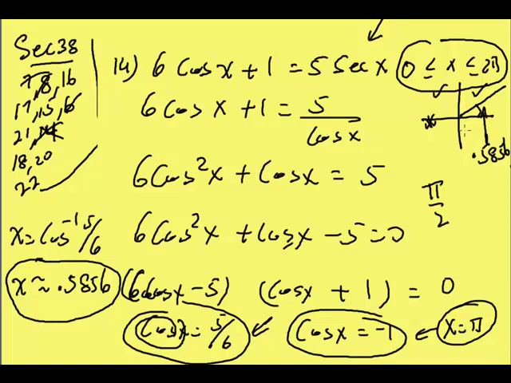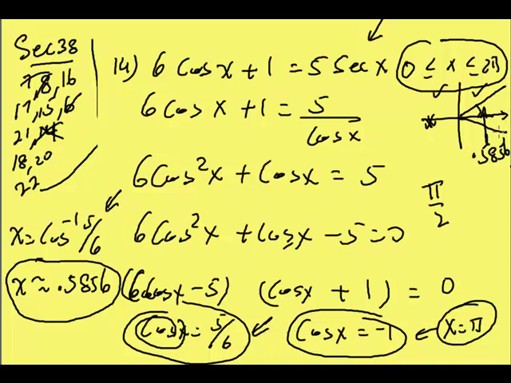There's one more place between 0 and 2 pi where the cosine turns out to be 5/6. And what quadrant is it located in? No, positive. It's got to be positive. Four. So it's got to be this angle right here. Does that make sense?